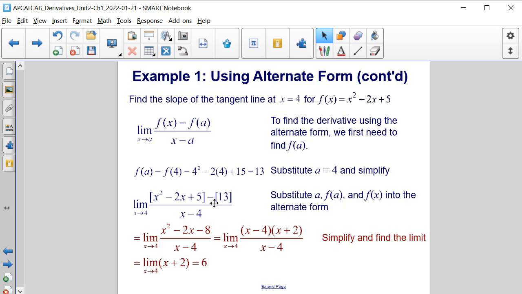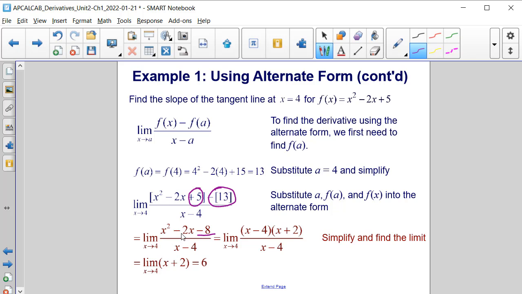Since there aren't really that many terms in the numerator, we can just drop the parentheses, specifically because we already know that f of 4 is 13. So we can remove the parentheses and combine our like terms of positive 5 and negative 13 to get negative 8 here, and then drop down the x squared minus 2x.